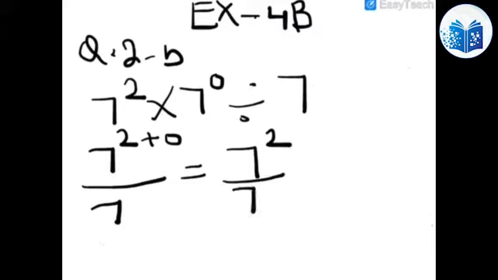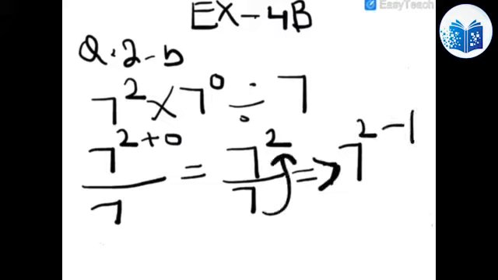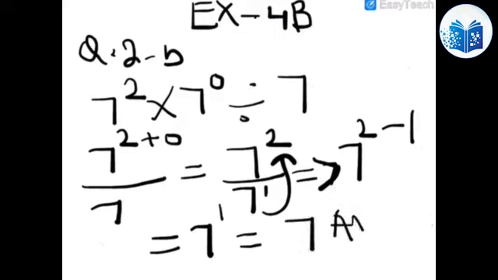Now the best way is to use the law: 7 power 2 minus 1. The 7 in the denominator will go up there with power 1, so it will become 7 power 2 minus 1, and 7 power 1 will be left, and this 7 is the answer. Or if I do it myself, I'll just simply cut one 7 with this, and we'll be left with 7 power 1. So in both ways, it's correct.